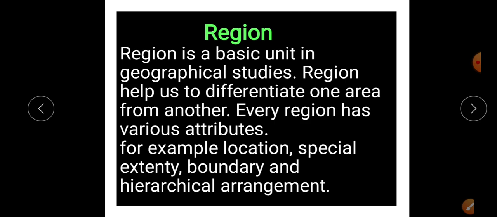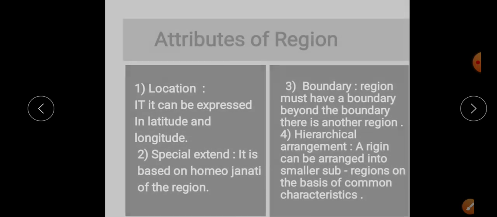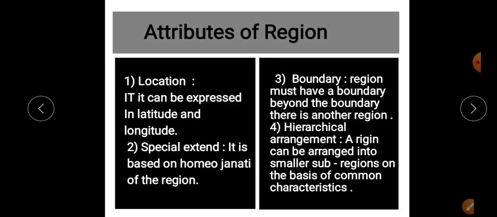These four are the major attributes of a region. With the help of these four attributes, we can identify and recognize any region. Now we discuss these attributes in detail.